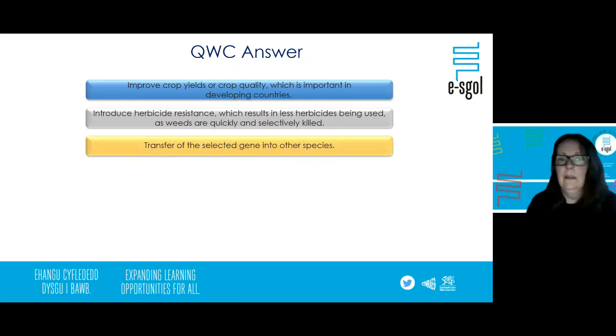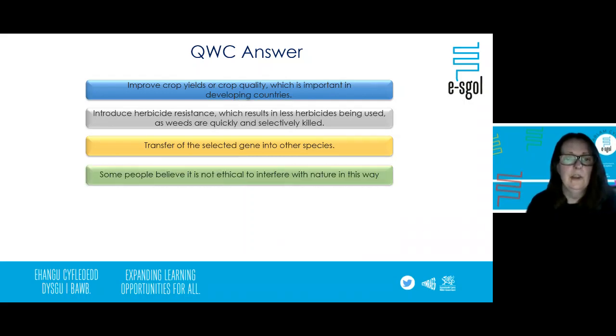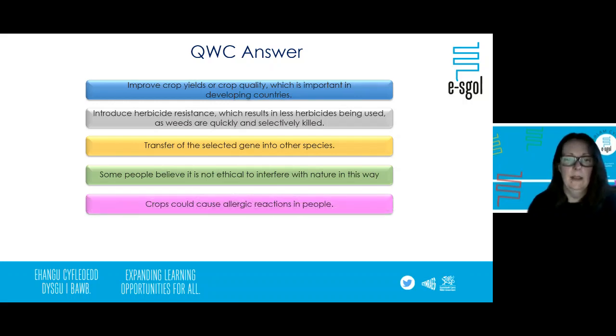The selected gene that we wanted would be transferred into other species. However, there's your evaluation. Some people believe it's not ethical to interfere with nature in this way. Some people believe that we shouldn't alter what has been developed over thousands of years.